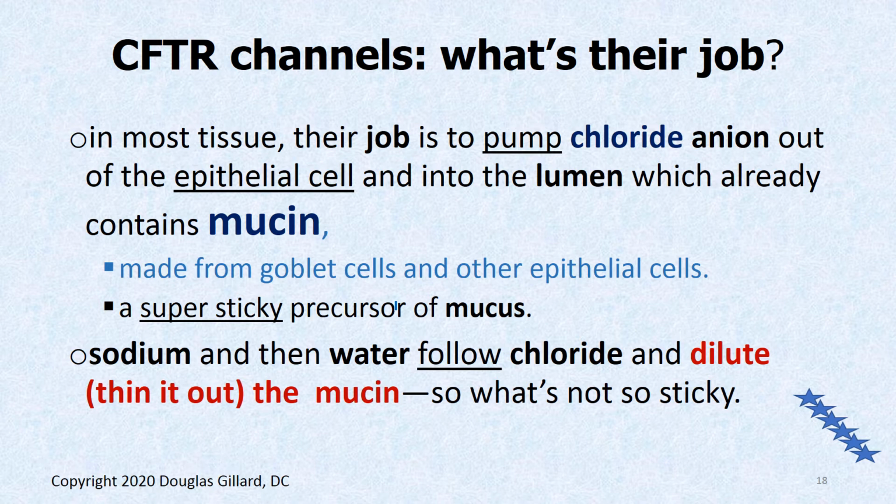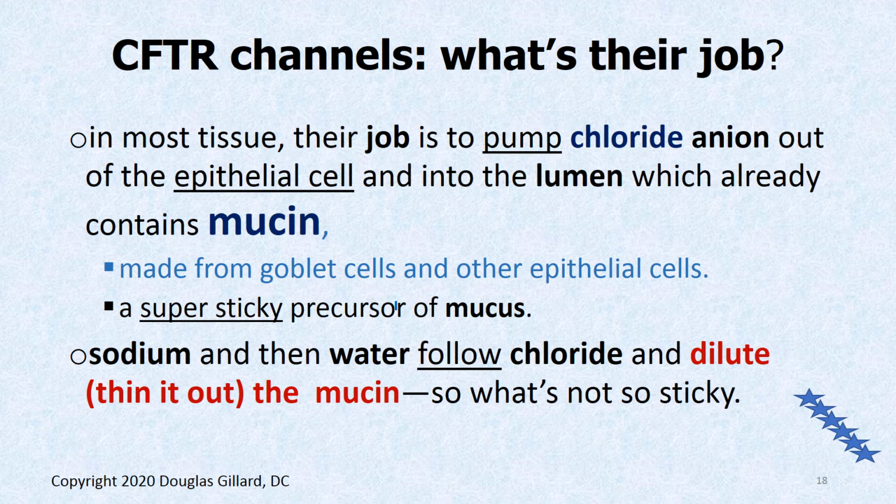With regard to the lungs, they pump chloride basically into the lumen of mucous glands and into the lumen of the tracheobronchial tree, like the bronchioles. And where chloride goes, sodium follows. Between the cells, it can get through there, or it can use some transporters, sodium potassium ATPase pumps, ENaC channels.